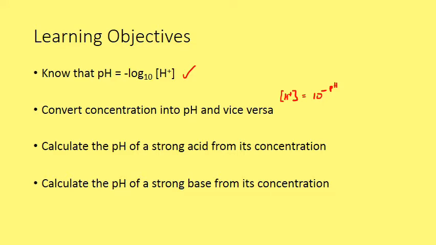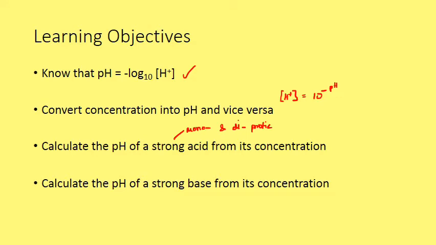And then we had a look at strong acids, and we looked at both monoprotic and diprotic acids, and we worked out that the concentration of the diprotic acids led to a double concentration of hydrogen ions, whereas for a monoprotic acid, the concentration of the hydrogen ions is the same as the concentration of the acid.